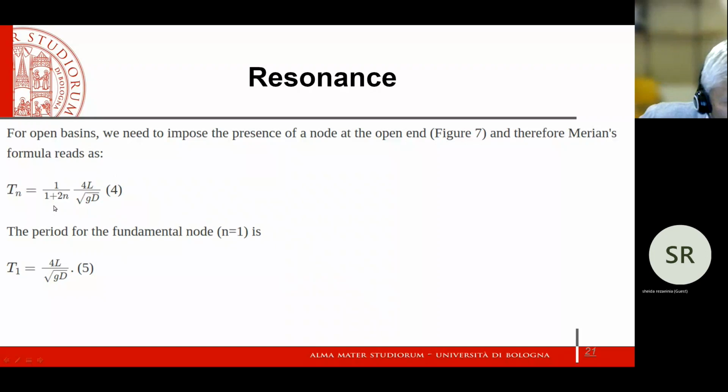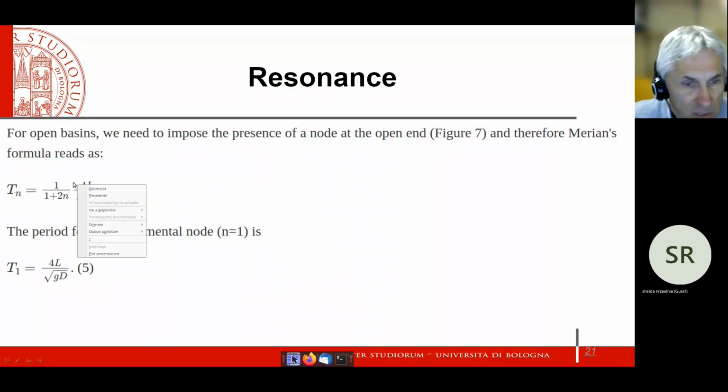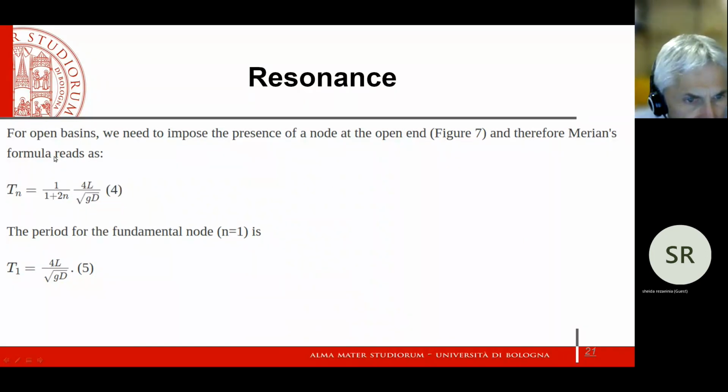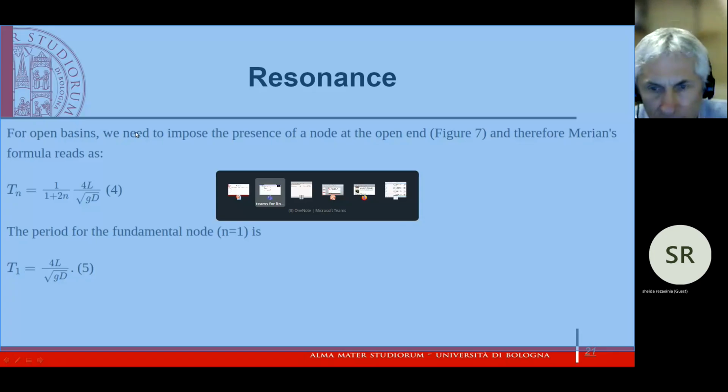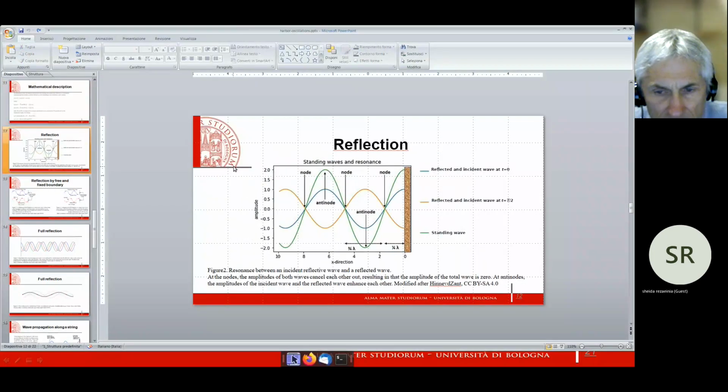I think the denominator is not 1 plus 2n, it's just 2n. I'll make a check. But for now, let's assume that I made a mistake just in writing the formula. So basically here, we should eliminate this. Let me take this and put it on the graphic blackboard in order to provide the clarification.